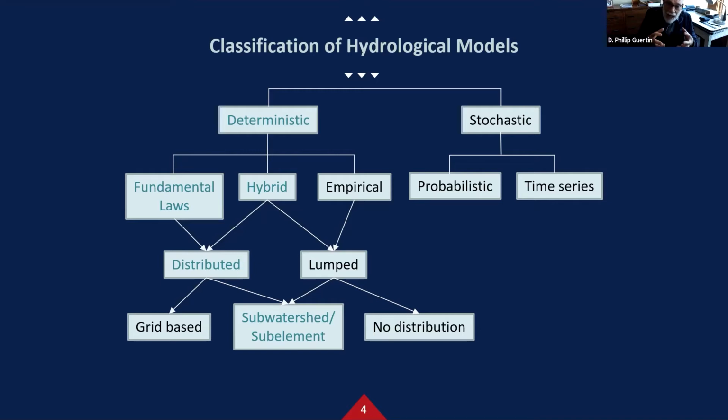This does allow us to go into an area with the inputs that are required: land use, land cover, topography or DEM, digital elevation model, and soil data. We can characterize that watershed and model the response based on these physical laws, our understanding of the hydrologic process. We do not have to calibrate the model. Now that comes with a cost.